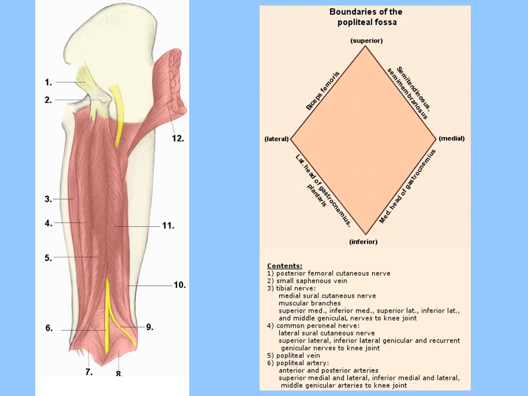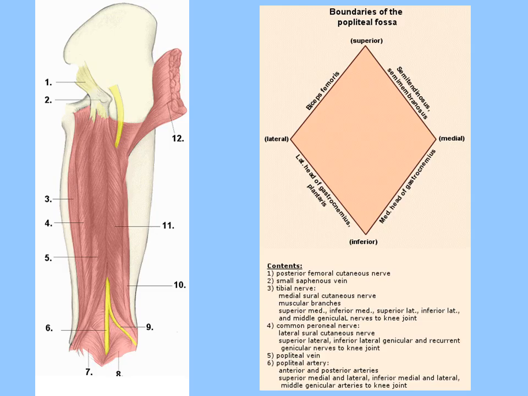Arterial supply within the fossa is via the popliteal artery, which is an extension of the femoral artery. And then there are 5 branches to the knee joint itself off of the popliteal artery, and those are the 5 genicular arteries: superior medial, superior lateral, inferior medial, inferior lateral, and middle geniculars are all coming off the popliteal artery.